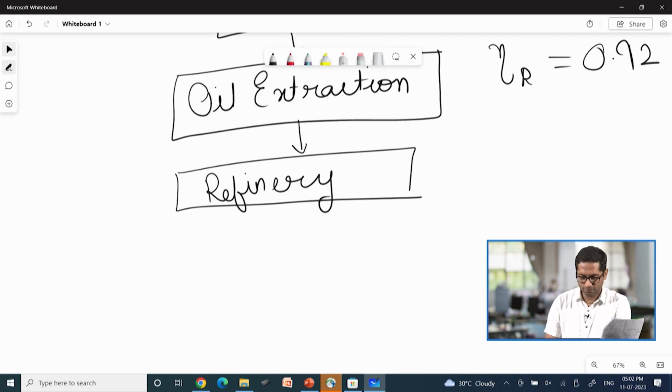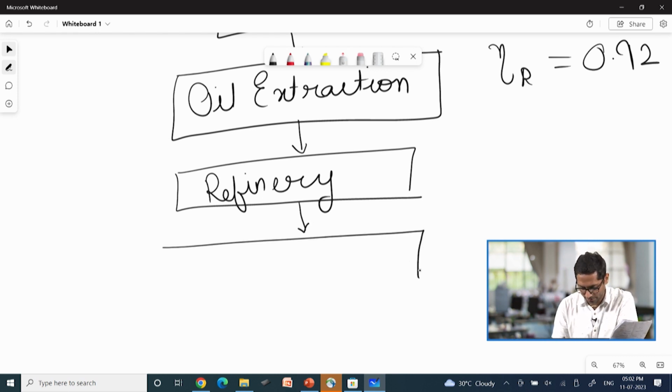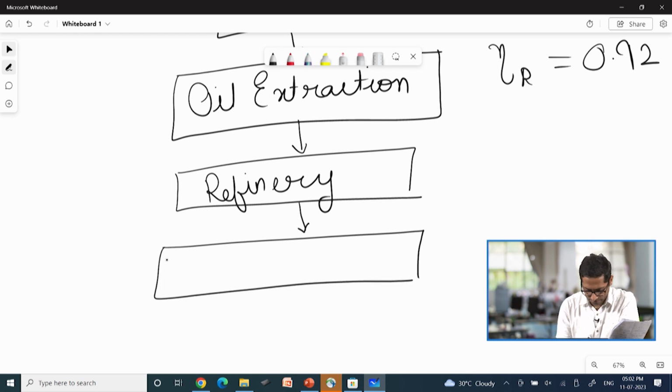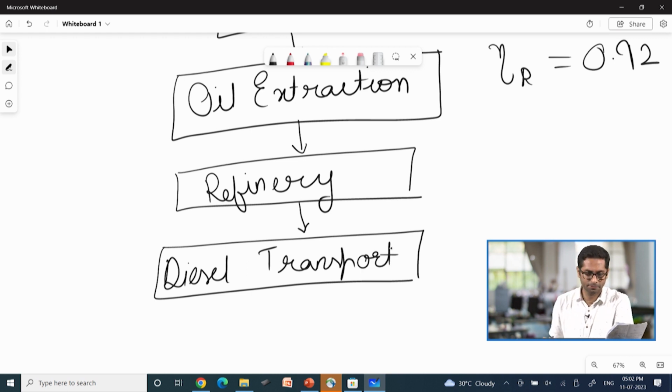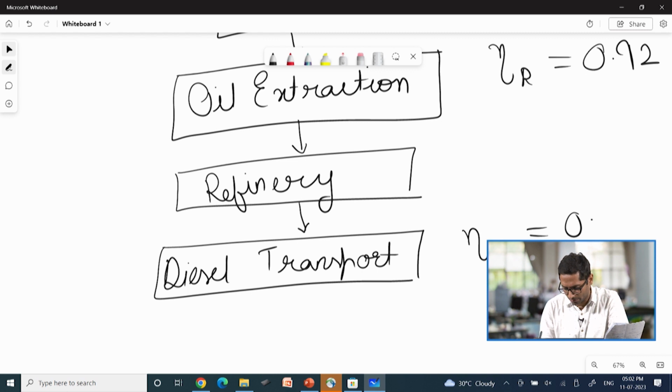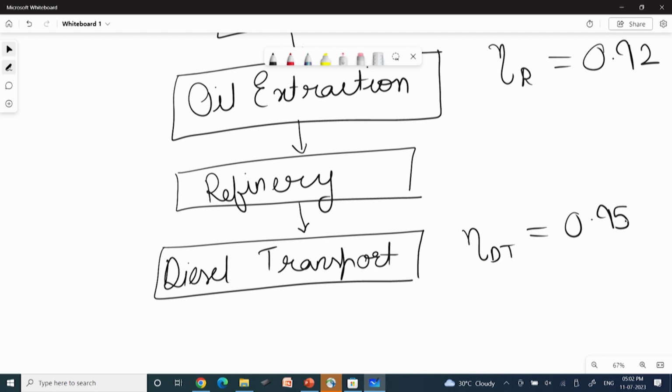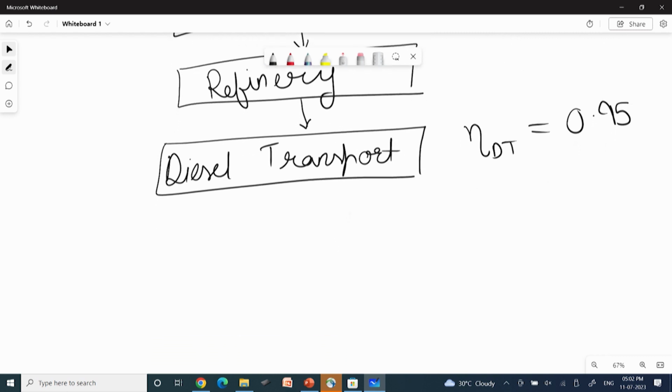Then we would need to transport this diesel till the end location, which would involve diesel transportation. And this consumes a good amount of fuel. So we can have an efficiency of around 0.95 for this diesel transportation.